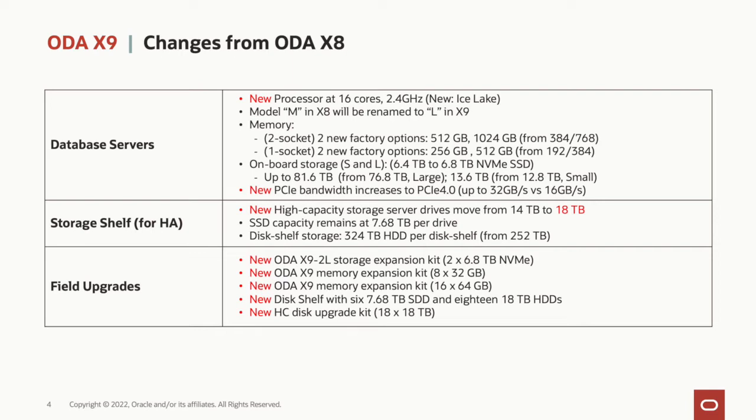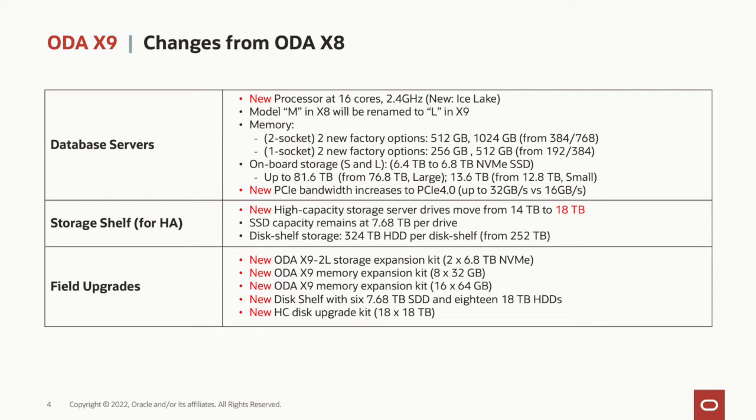And the small is 256. The NVMe storage for the S and the L had a slight increase from 6.4 to 6.8 terabyte. The PCI bandwidth on this X9 model increases to PCI 4.0, and it basically doubles the bandwidth compared to the ODA X8.